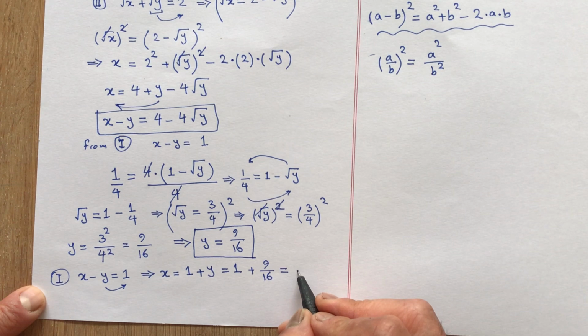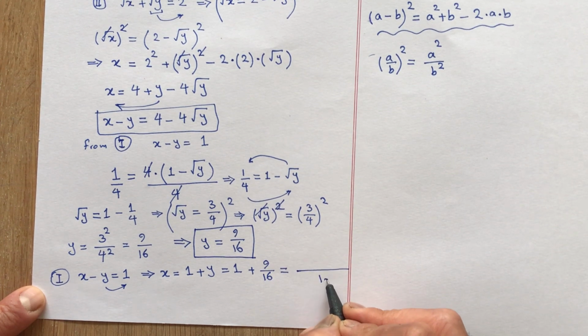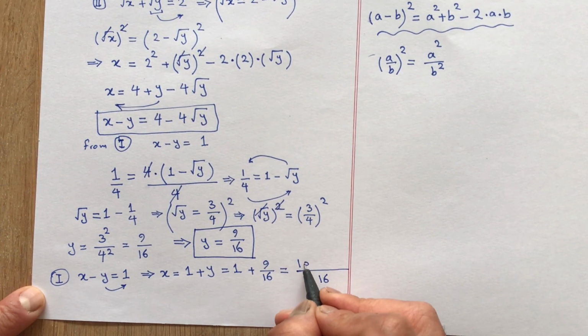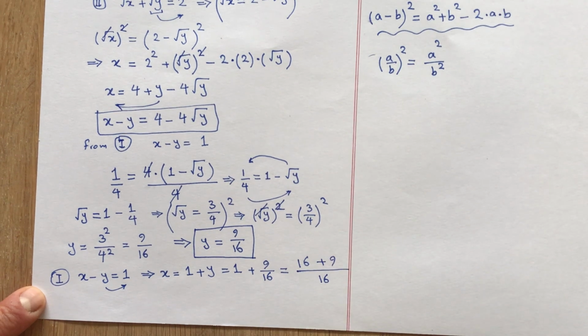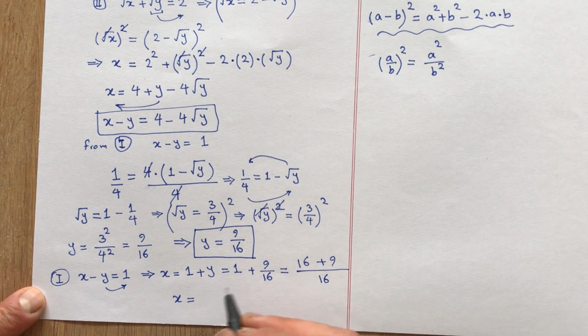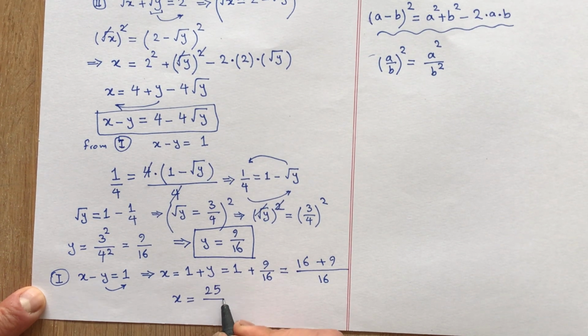If you solve this with the algebra of fractions, x equals 16 plus 9, which is 25 over 16.